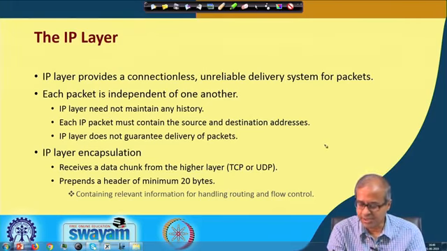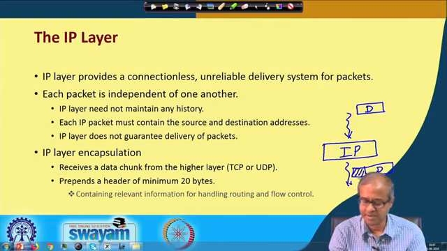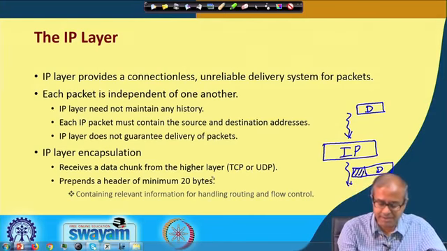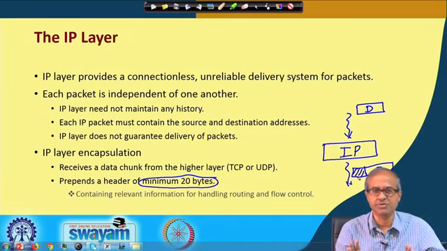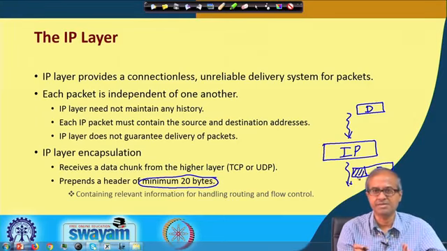Now, if you think of the IP layer, this is my IP layer and some data packet is coming to the IP layer, let us call it D. So, what will IP do? It will add some header to this data packet. The IP layer adds a minimum of 20 bytes of header, typically 20 bytes only, but sometimes it can be more than 20, rarely, but typically 20 bytes.